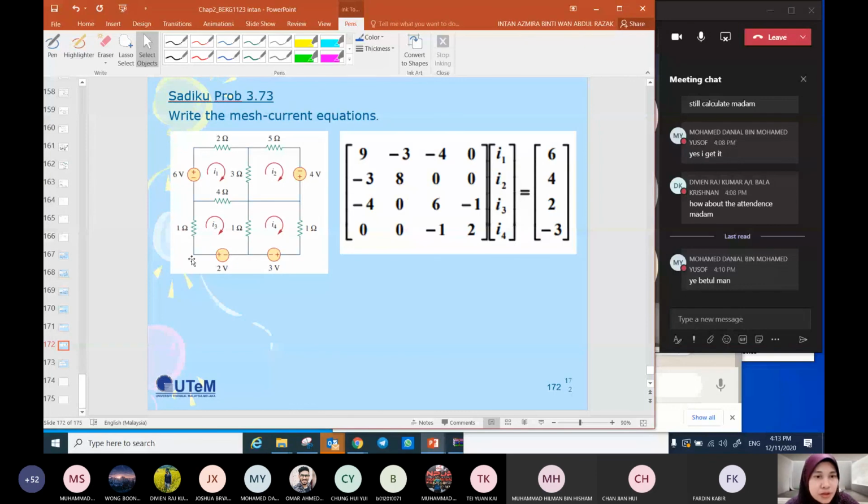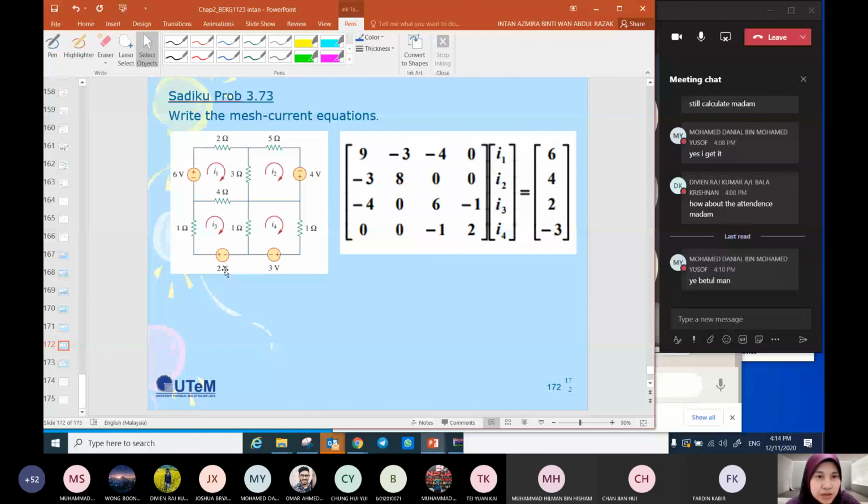So 0, 0, and then the source is equal to 4. In loop 3, how many resistance shared with loop 1? 4, so minus 4. How about I2? No, so 0. How about I3? It's 4 plus 1 plus 1, 6 I3. And how many resistance shared with loop 4? 1 only, so minus 1. Is there any voltage source? 2 volts.